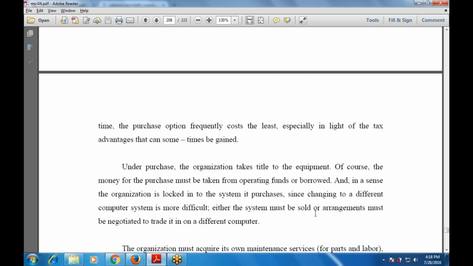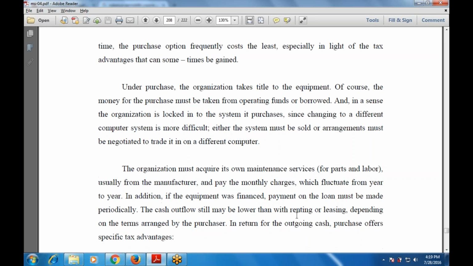So either the system must be sold, or arrangements must be negotiated to trade in for a different computer, depending on the terms arranged by the purchaser.